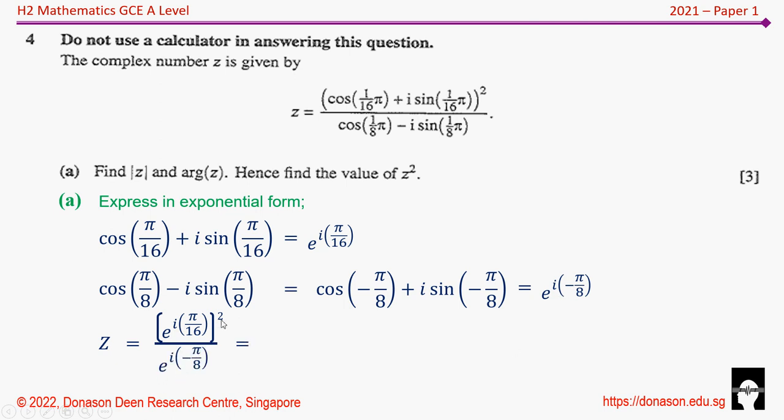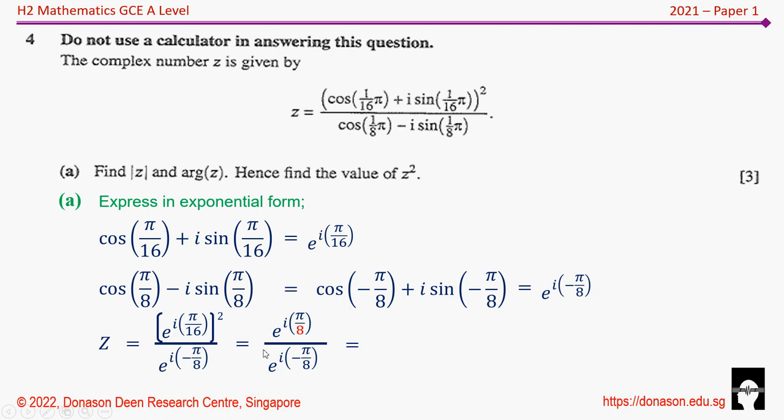First we're going to expand this bracket. Pi over 16 times 2 becomes pi over 8, because 2 and 16 can cancel to give you the 8. For the denominator, I'm not going to do anything, so I'm just going to keep it like that.